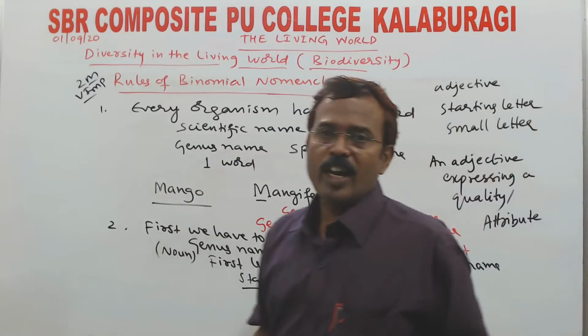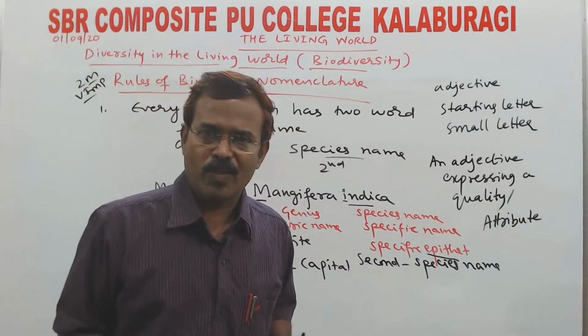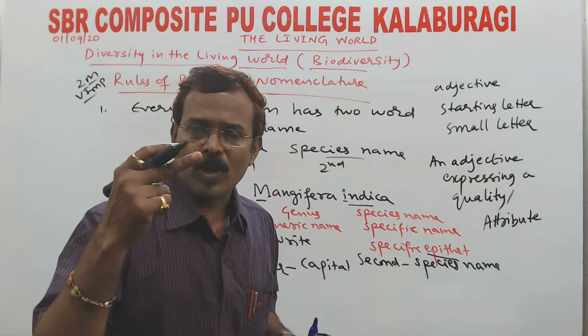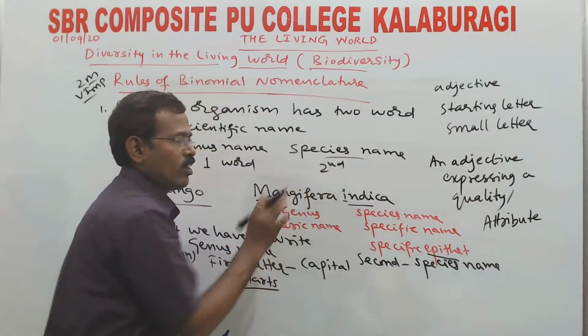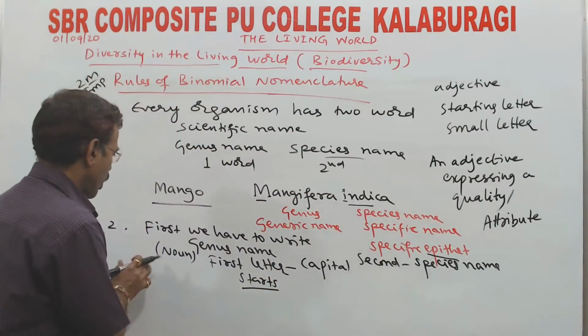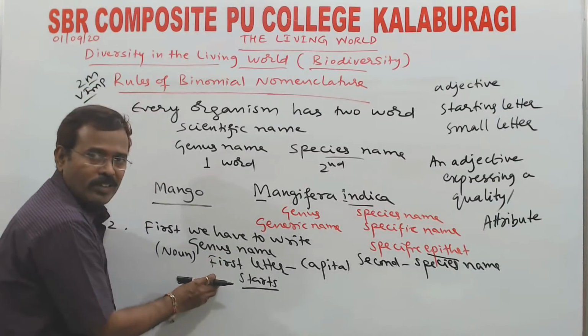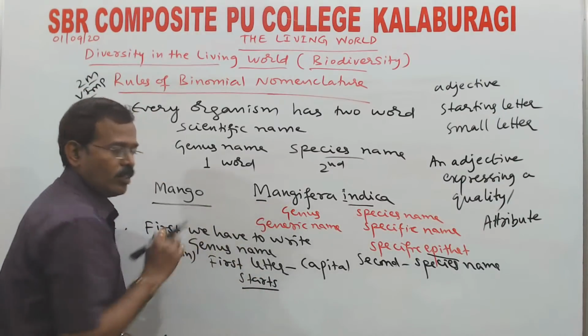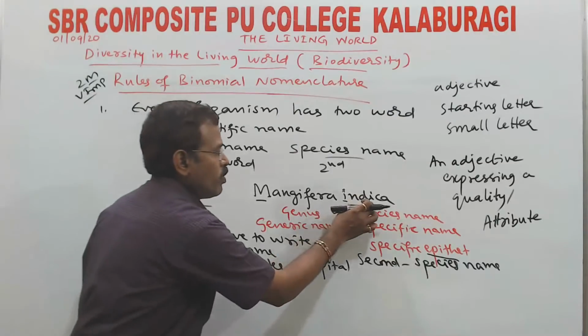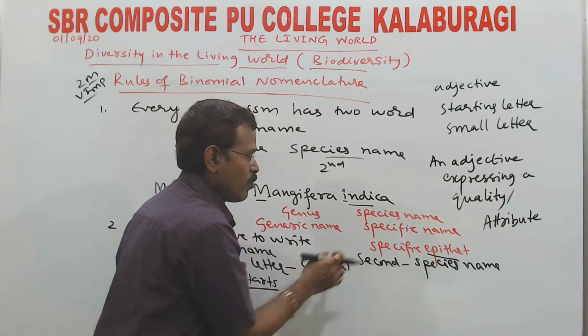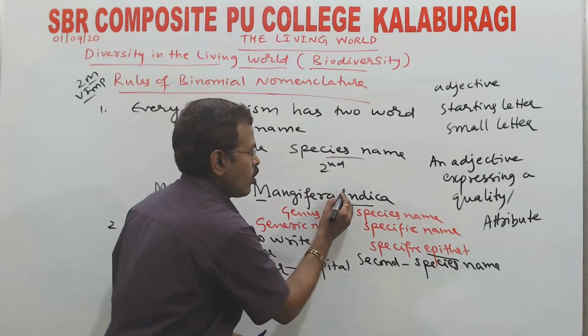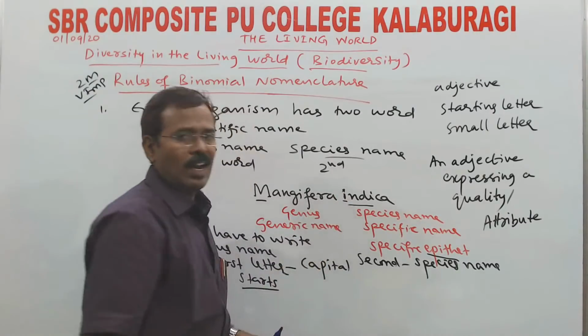So every organism has been given a two-word scientific name: first the genus name and second the species name. The next rule says the genus name should be written first and should start with an initial capital letter. The genus name is followed by the species name or specific epithet, which should start with an initial small letter.